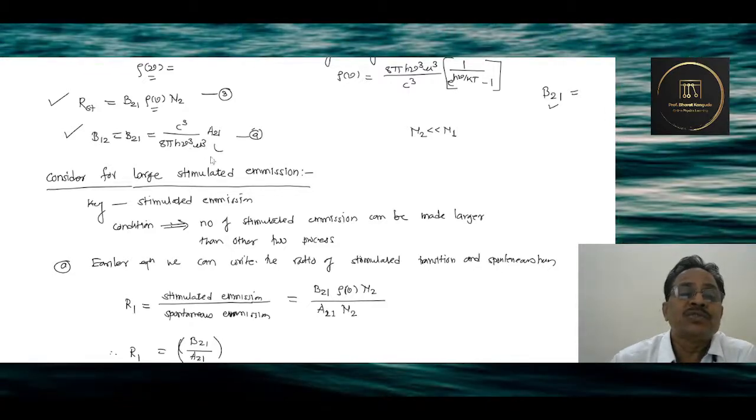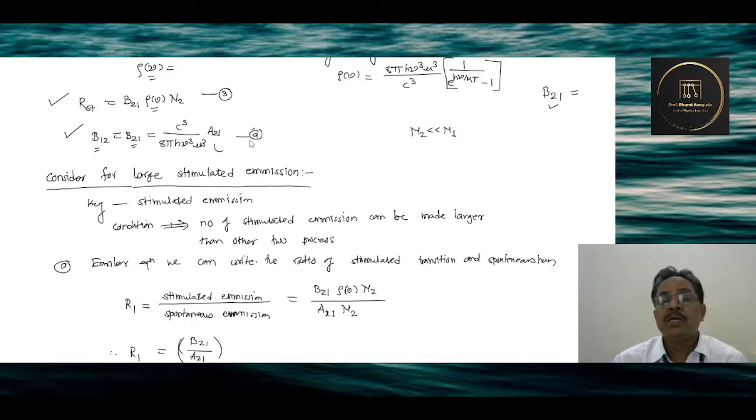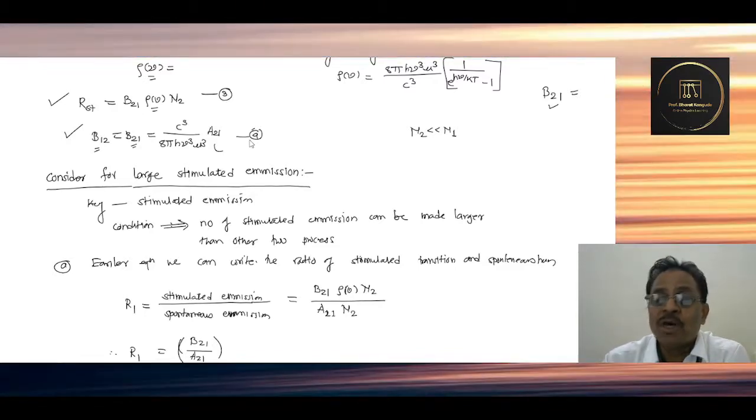So this is Einstein's coefficient, this is also Einstein's coefficient, and this is also Einstein's coefficient. So equation number 4 is basically an equation between all these Einstein's coefficients for three different processes. Earlier we have proved this, we have obtained this, and in my earlier lecture we have discussed all these things.